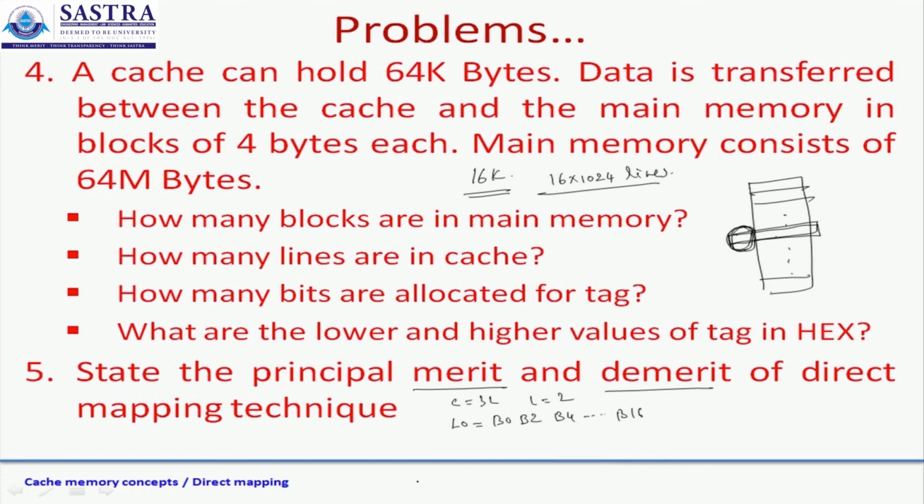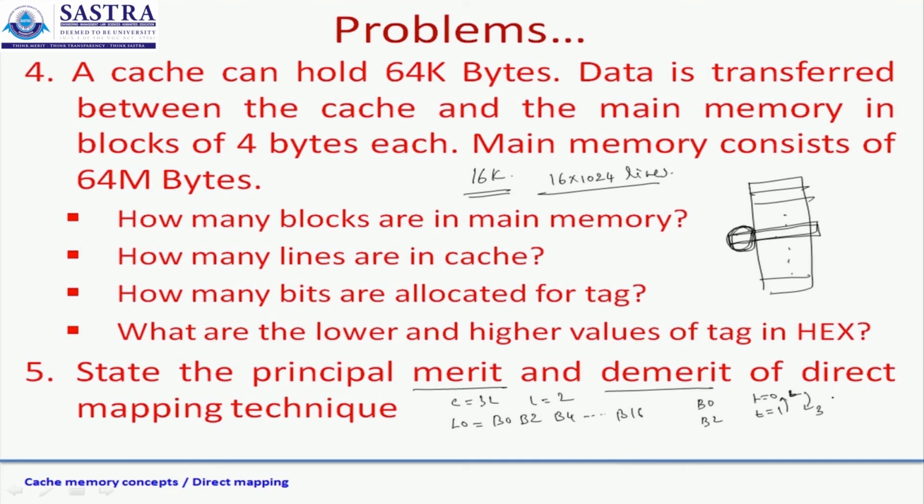Let's assume the processor wants to access an address which is present in B0 at time t equal to 0, and an address present in B2 at t equal to 1. Again it accesses B0 at t equal to 2, and B2 at t equal to 3. Alternatively it needs these two addresses again and again, some 1000 times or 10,000 times, right?